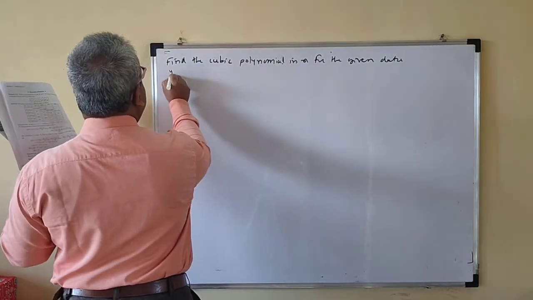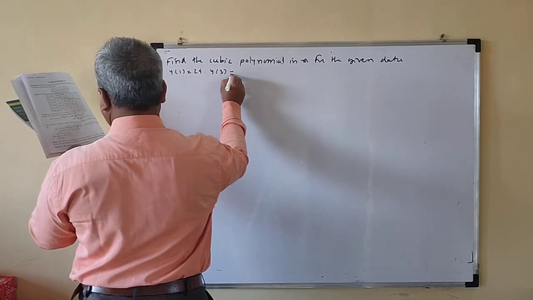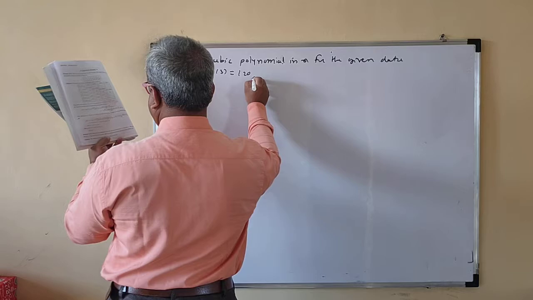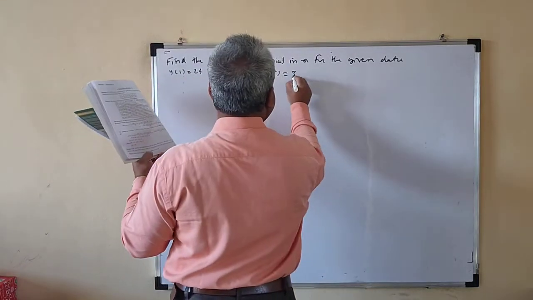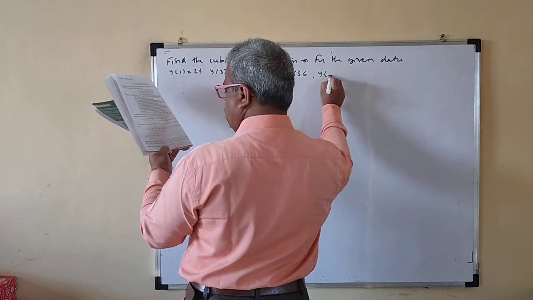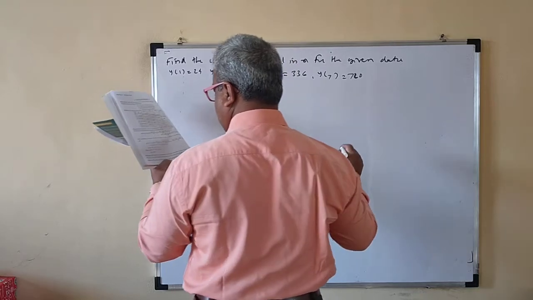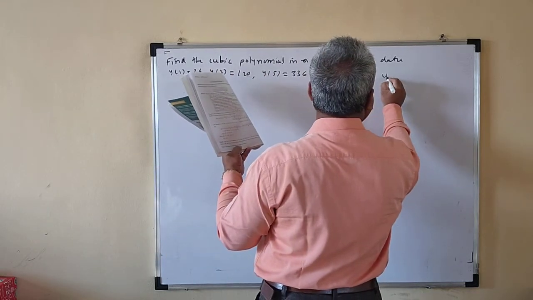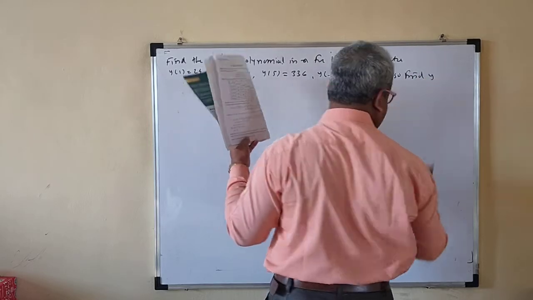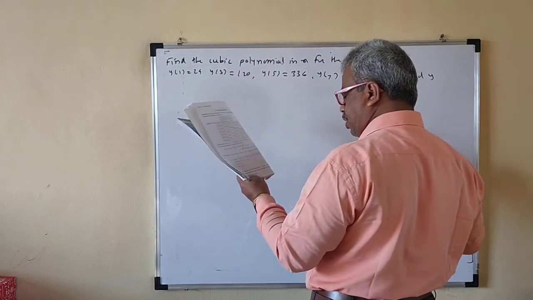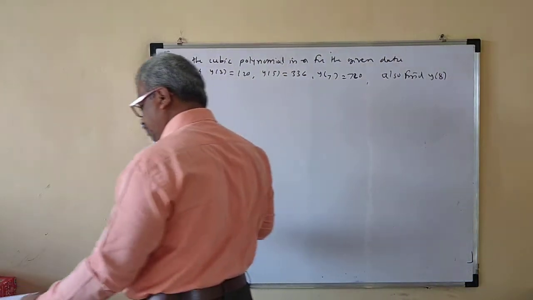Y of 1 is 24, y of 3 is equal to 120, y of 5 is equal to 336, y of 7 is 720. Also find y of 8 now.